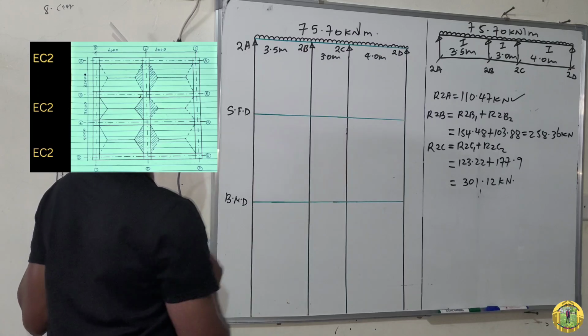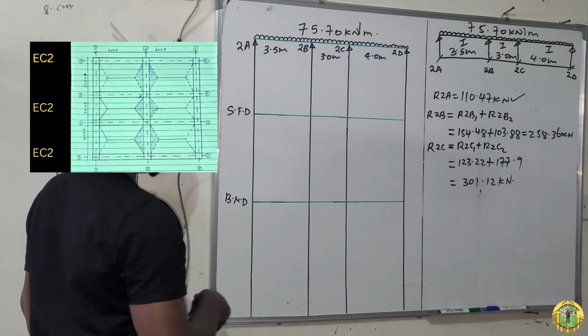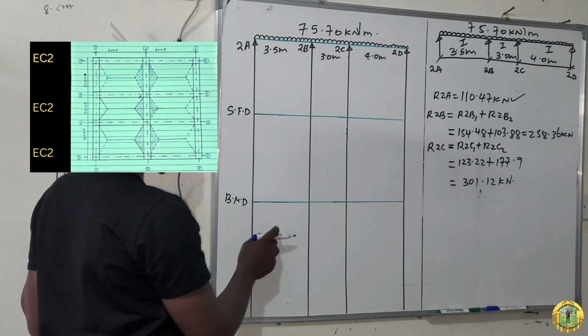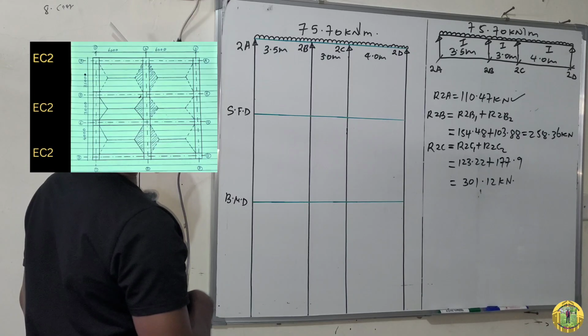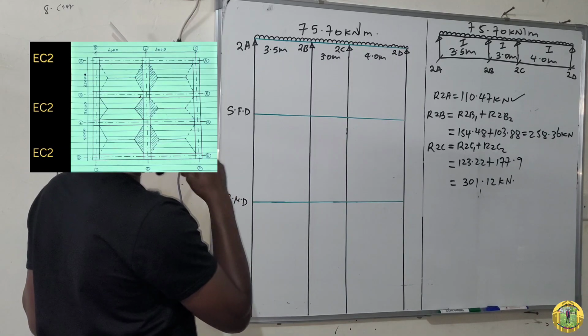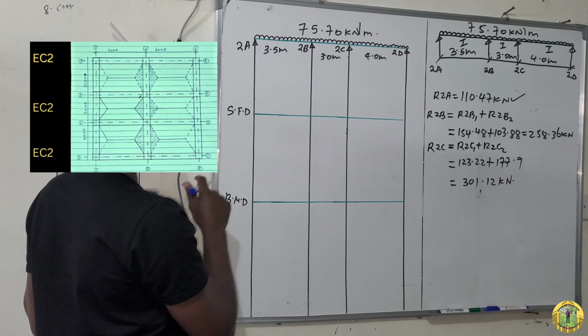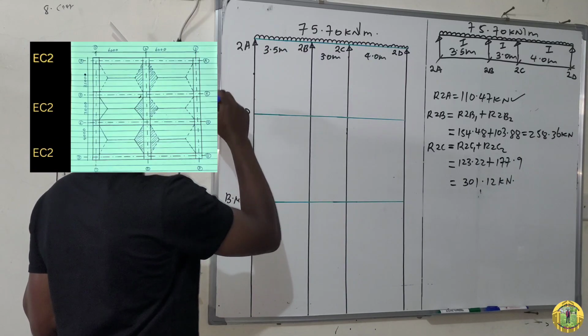Now, this is the shear force diagram, and this is the bending moment diagram. So this is the neutral line. Above this line is positive, below is negative. And for the bending moment, above is negative, below is positive. Now we begin with reaction A, which is 110.47. So you approximate, let's say somewhere here.